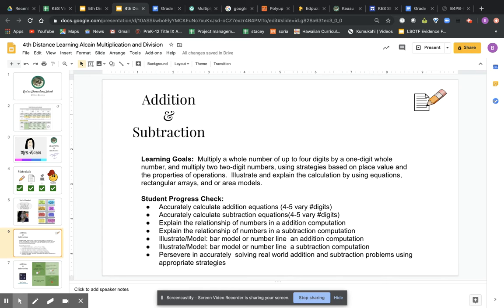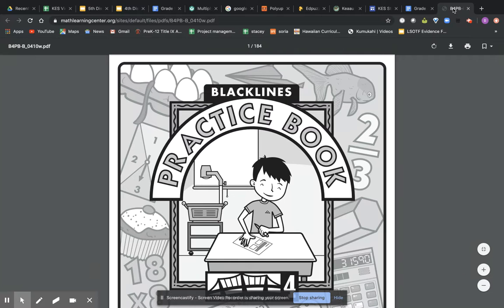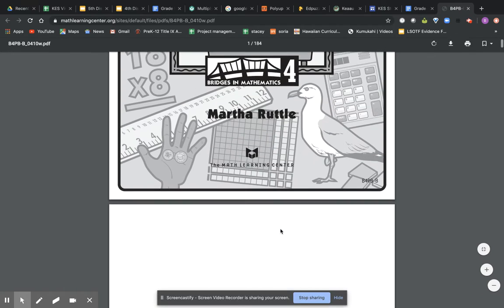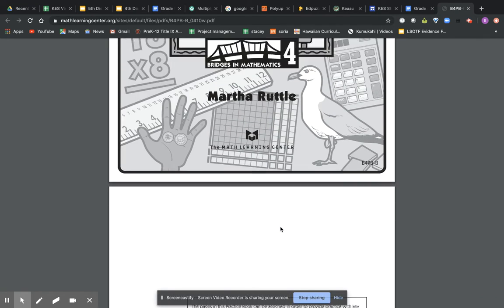Okay? And while you're working on developing all of these skills, we want to see you persevere by practicing to solve some real world addition and subtraction problems that your teachers have put together in your work packet. Okay, so we want to make sure that you can use this packet in a very meaningful way.